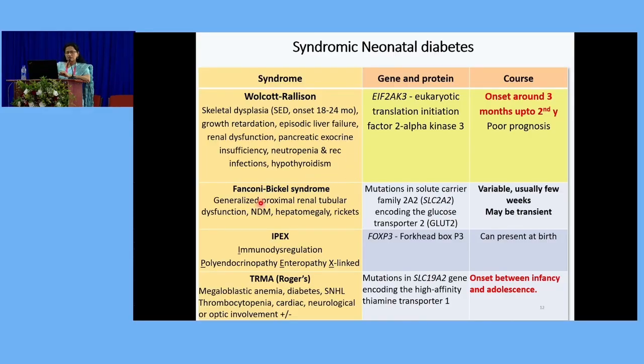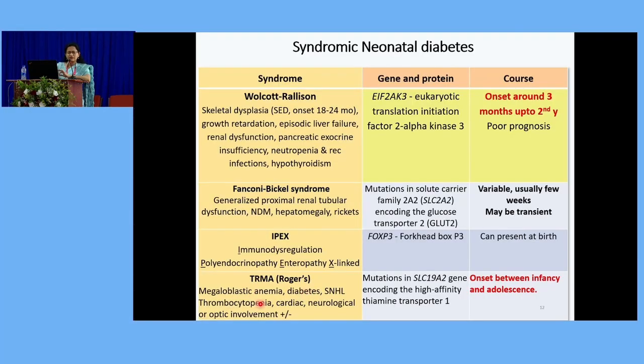Then another important syndrome is Fanconi-Bickel syndrome, which is, as we all know, generalized proximal renal tubular dysfunction, hepatomegaly, and rickets. Again, this may be transient. IPEX is immune dysregulation, polyendocrinopathy, enteropathy. Patients typically have eczema, they have diarrhea, and they may have autoantibodies. So it's autoantibody positive but monogenic. Then TRMA, also known as Rogers syndrome.